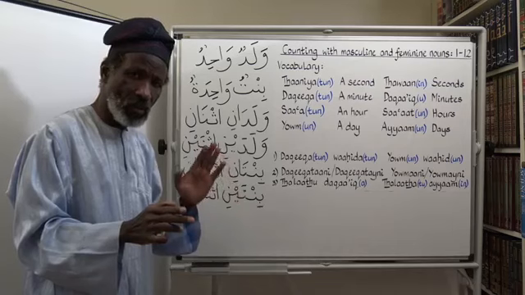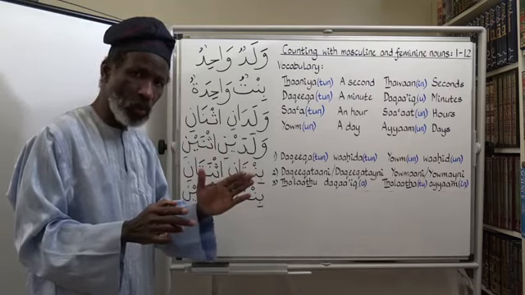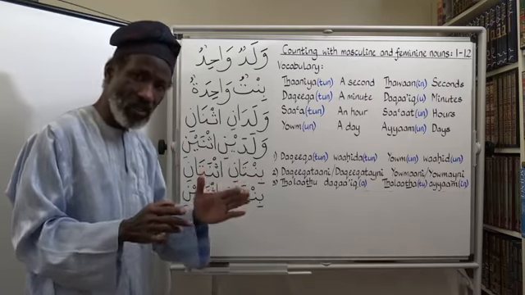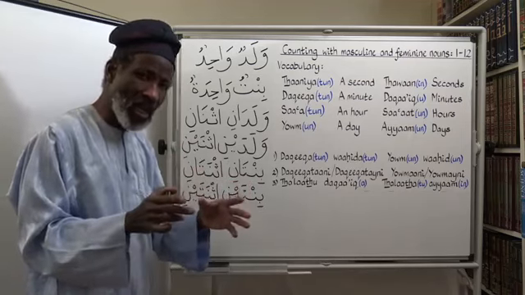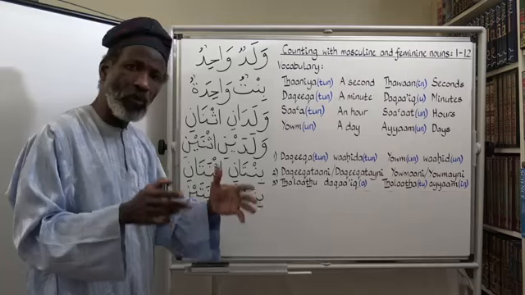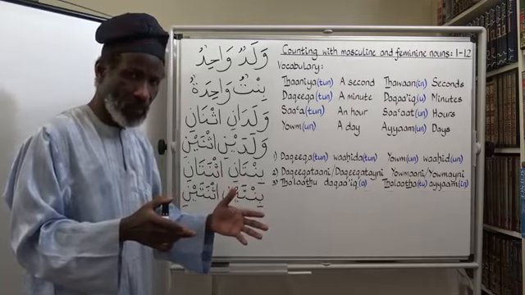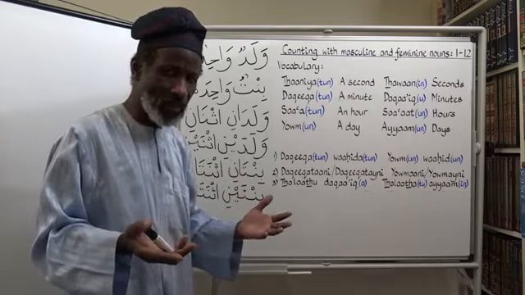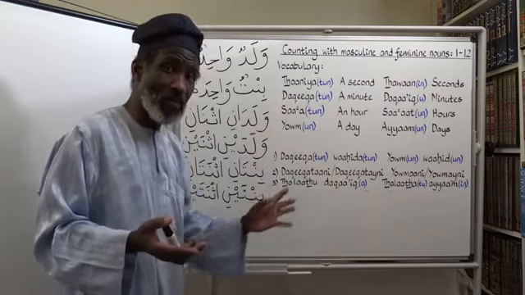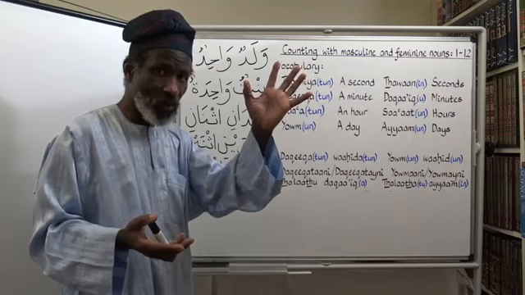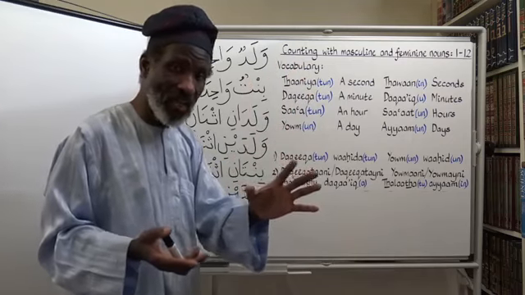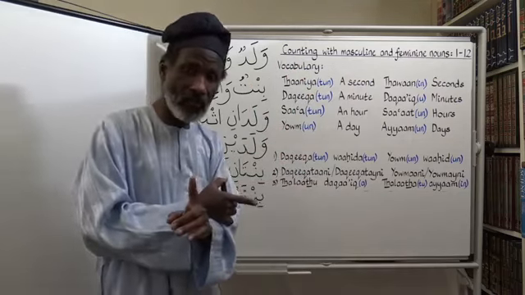Always. Wherever number 1 or number 2 is mentioned, they must be of the same gender as the noun being counted. Why am I saying this? Because after that, number 3 and above, number 3 to number 9, it is opposite.